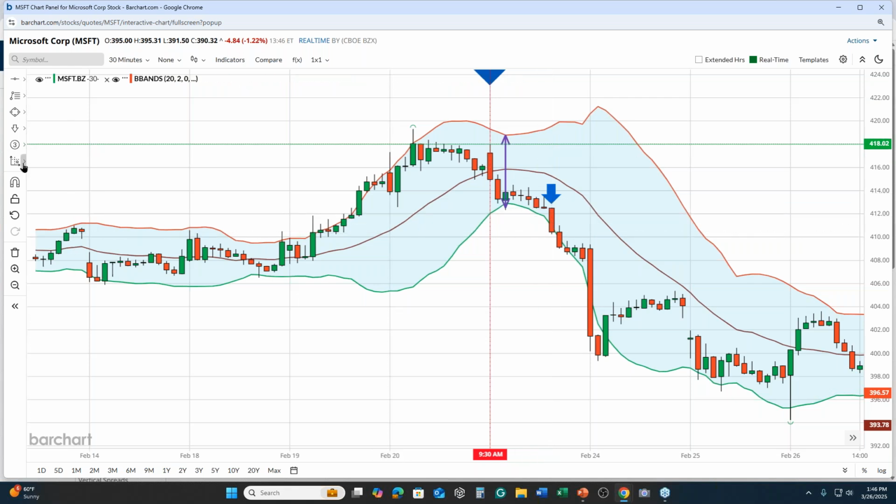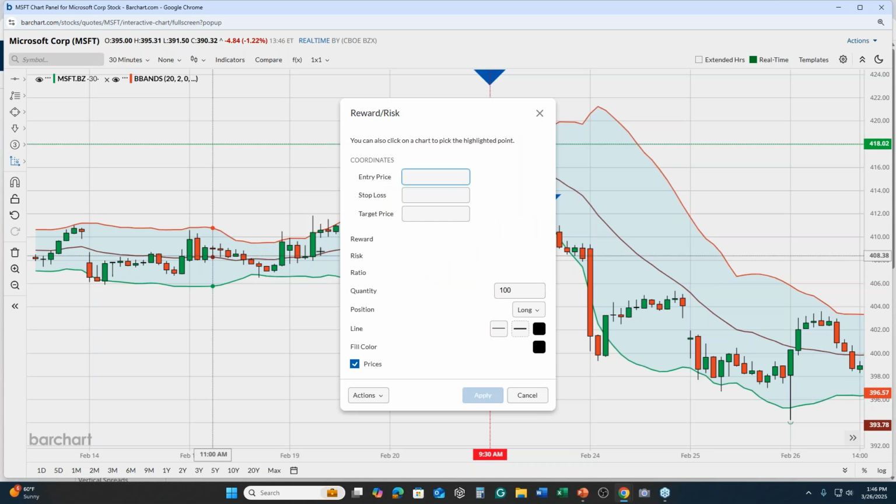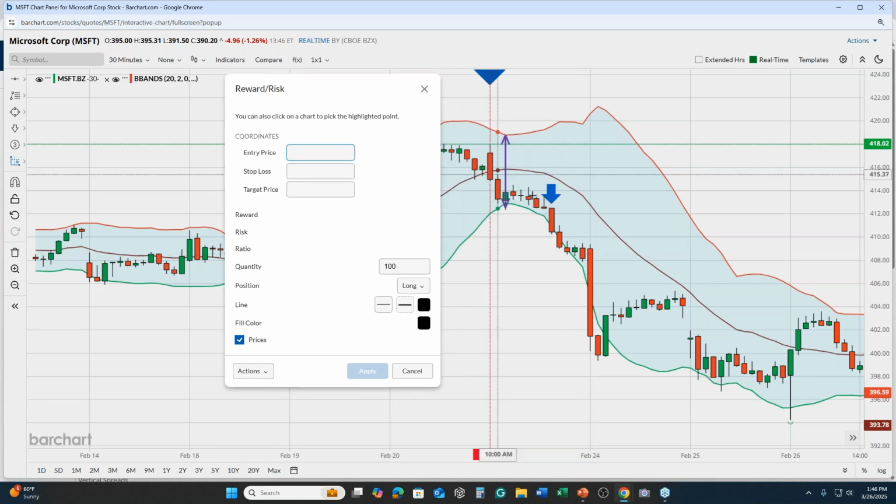And again, I can go in here and use my profit and loss, my risk reward. My entry is going to be here. My risk is going to be my mean. And then my target could be when we get that contra indicator, right? That could be a mean reversion, could be an exit to a trend.